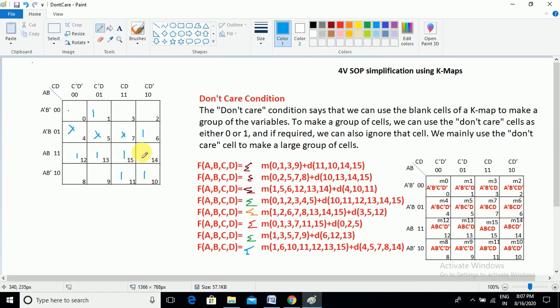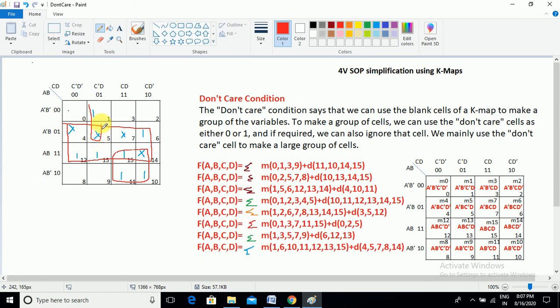This problem is also somewhat important. Here we can create one 8 cell grouping by including the 4, 5, 7, 14 don't care cells. Directly we can create one 8 cell grouping. After that, here we can create one 4 cell grouping. The next, here a 2 cell group.